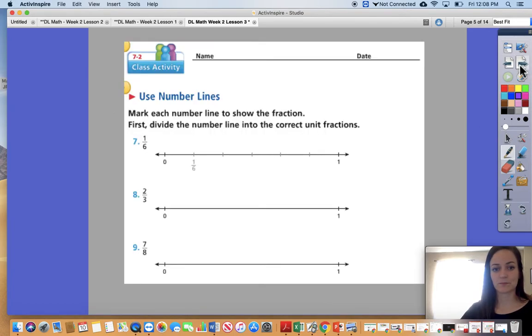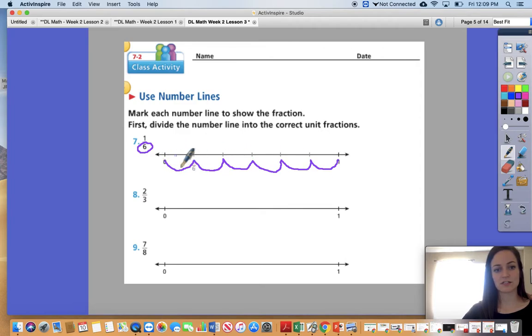Okay, let's move on. All right, so for this one, it says mark each number line to show the fraction. First, divide the number line into the correct unit fraction. So for this one, they did it for you, 1/6. So we look at our denominator, okay, and it's broken up into 6 equal pieces. Let's count and just make sure they did it right. 1, 2, 3, 4, 5, 6.